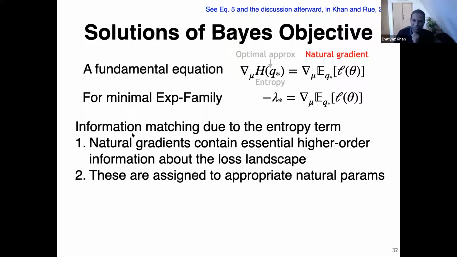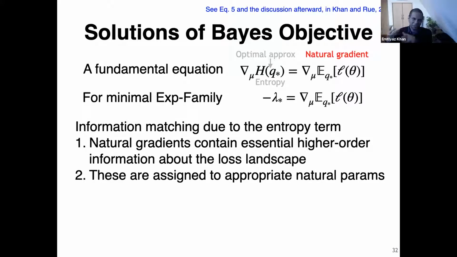There's an important point here: you have the natural parameter on this side, and you have natural gradients on the other side. We'll see that natural gradients are like this digging machine that will try to bring in important information from the loss.